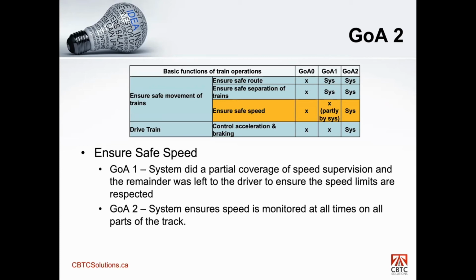Basically, the designers will determine the speed profile for each part of that track, on a straightaway, on a curve, uphill, downhill grade, and that'll be inputted into the system, and the vehicle will ensure that when it's on that section of track, it does not exceed the speed of that part of the track at all. And if it does, you apply brakes, whether it's emergency brakes or service brakes, whatever the system designers feel is appropriate.